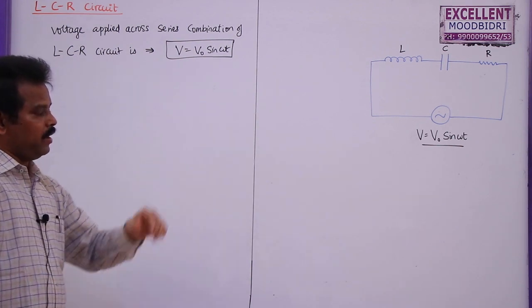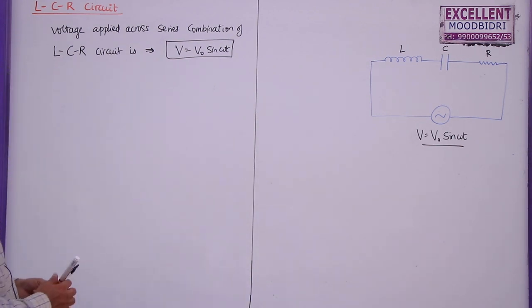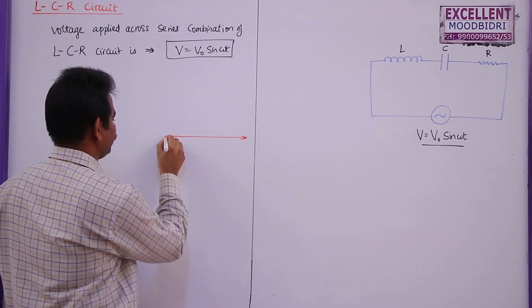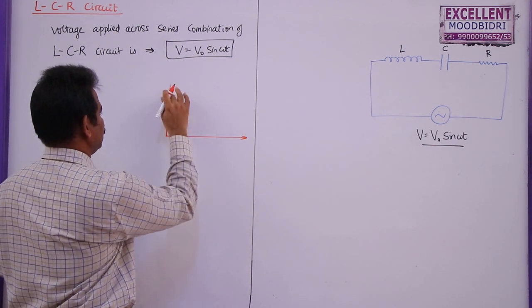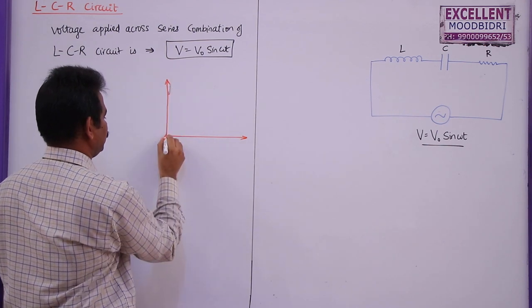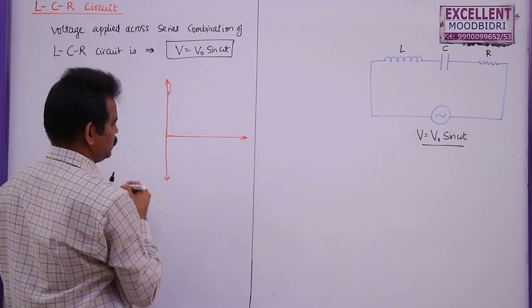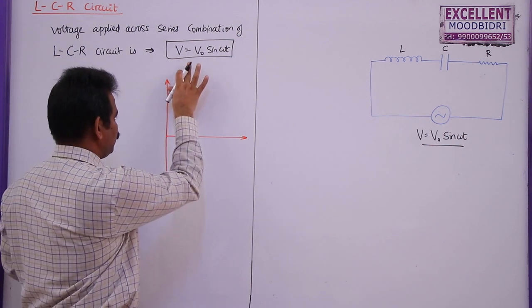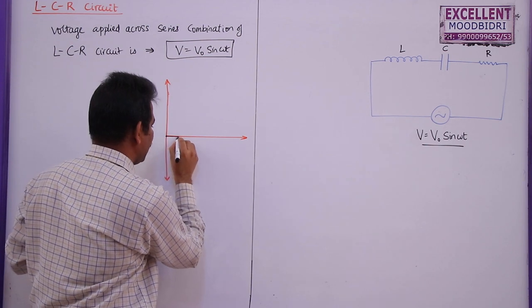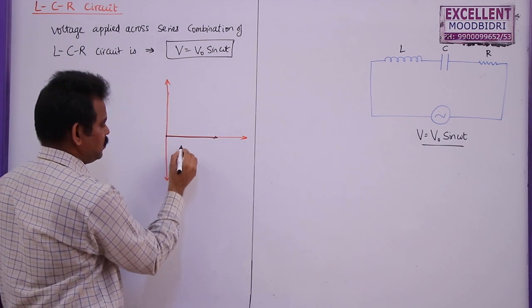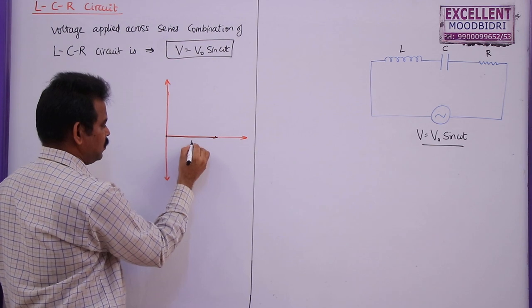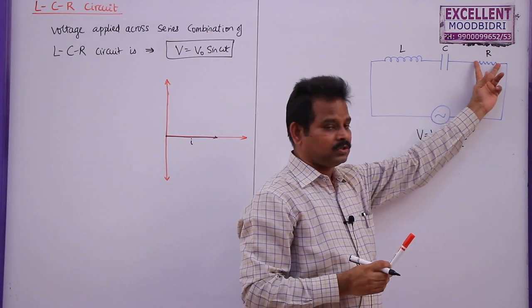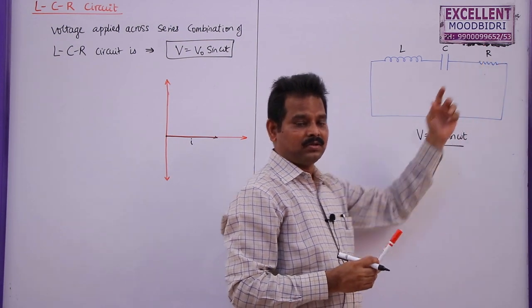I am going to derive an expression for the impedance by using the phasor diagram only. So here, this is the x-axis, this is along the positive x-axis, this is along the positive y-axis. Already we discussed this point previously. We are going to represent the current along the x-axis. So this is the current, which is drawn in black color, I. And we know that across a pure resistor both the voltage and current are in the same phase.